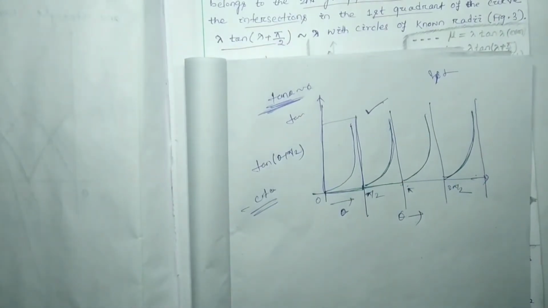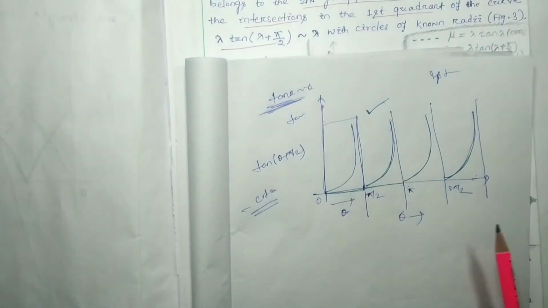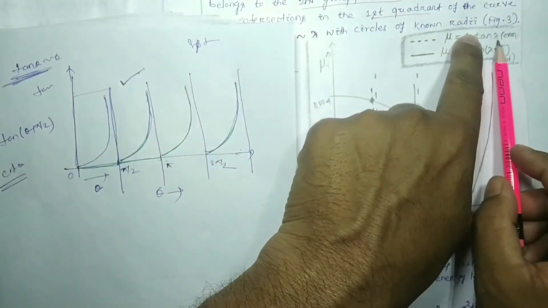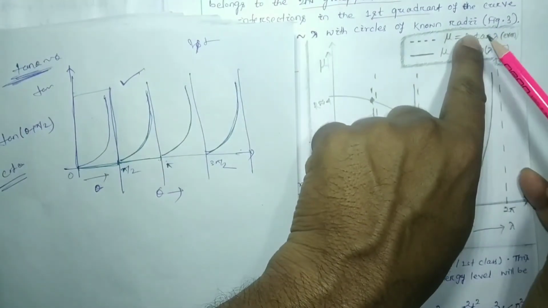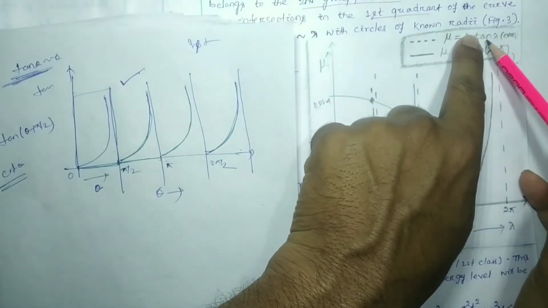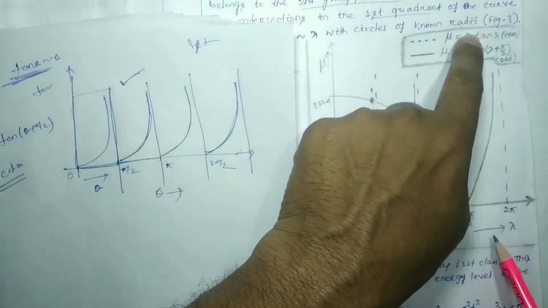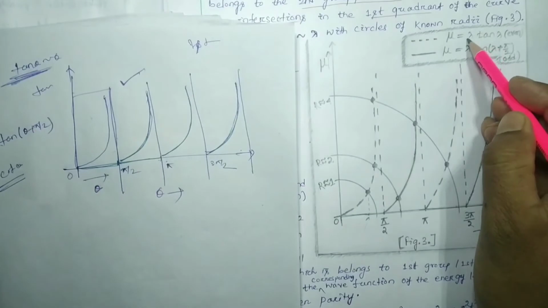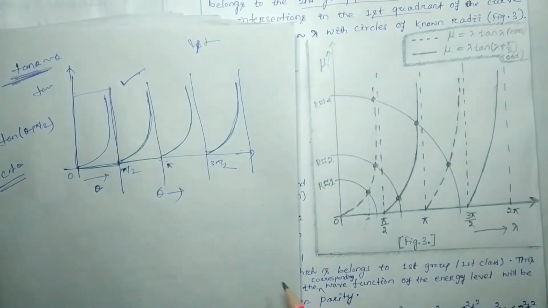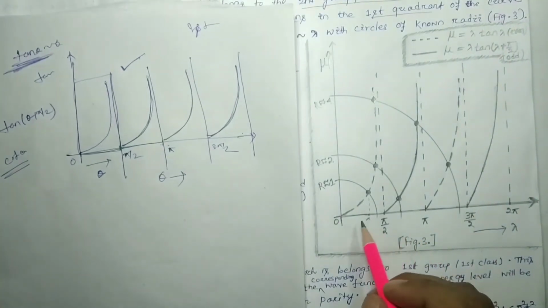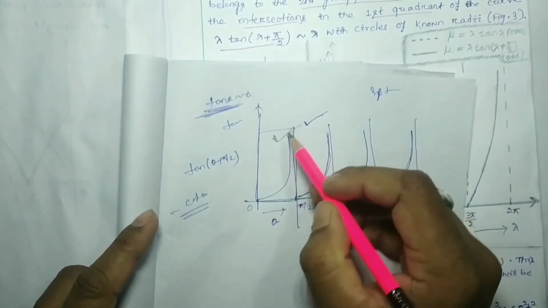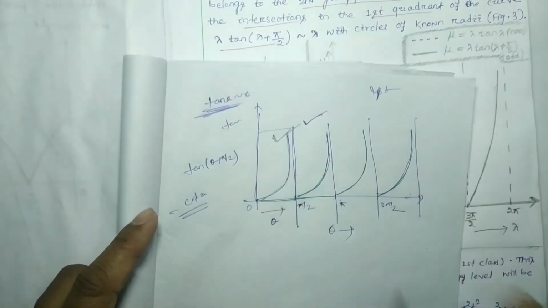But in our case, mu is not only the tan lambda function. We are taking lambda along the x-axis, but another lambda is multiplied over here. You got my point? If I move from 0 to pi by 2, this curve belongs to only tan theta.